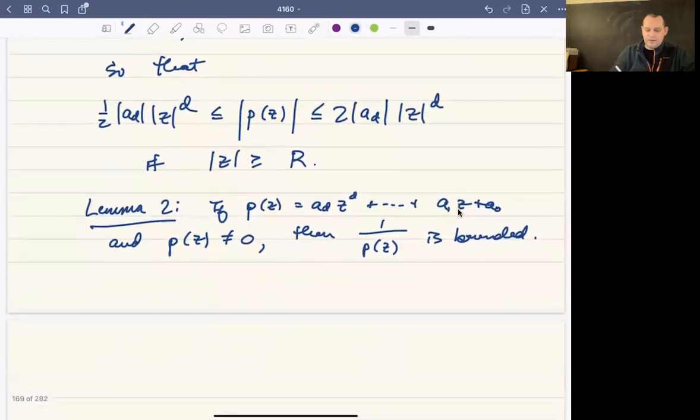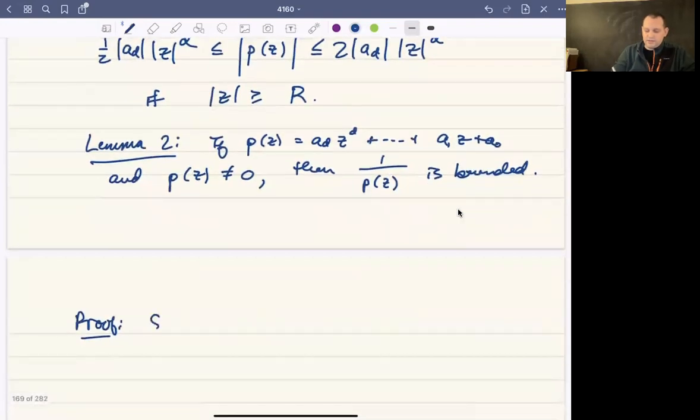because 1 over p of z is entire, since we know that rational functions are differentiable whenever their denominator is not 0. So if the denominator is not 0, then everything's fine. Let me write that a little better.